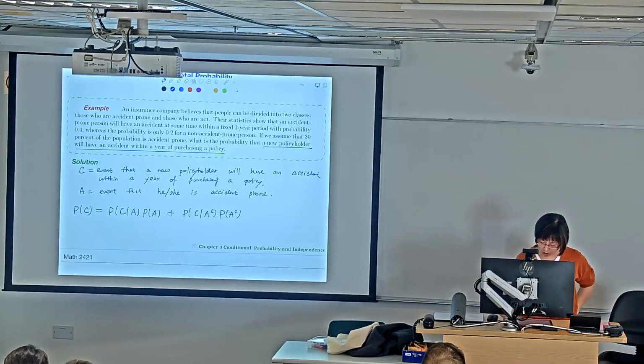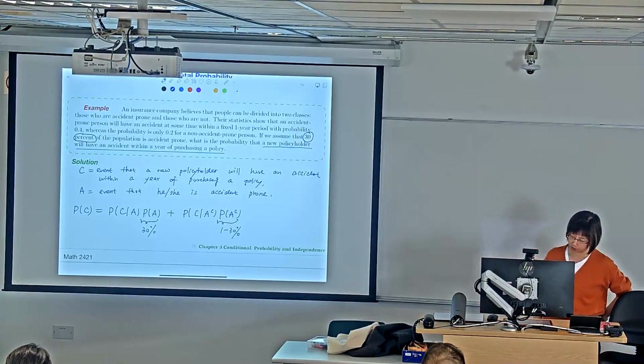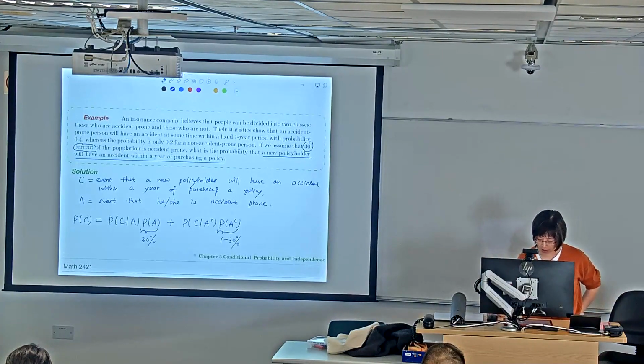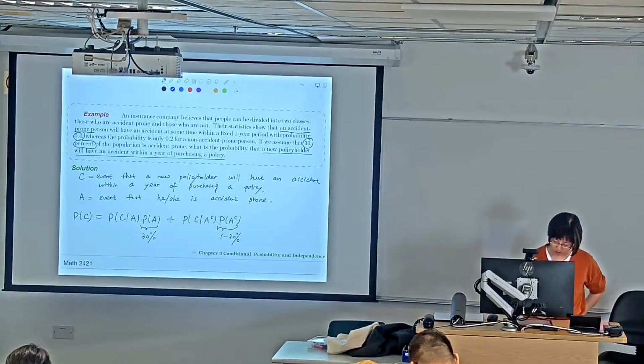So let's plug in numbers. We assume that 30% of the population are accident prone, so the probability of A is 30%. Of course, the probability of A complement is 1 minus 30%, the complement rule. Also given is that an accident prone person will have an accident at some time within a year with probability 0.4.